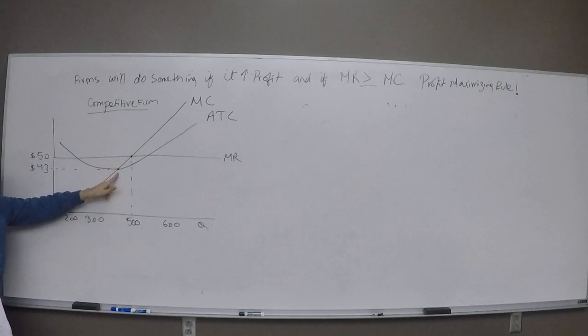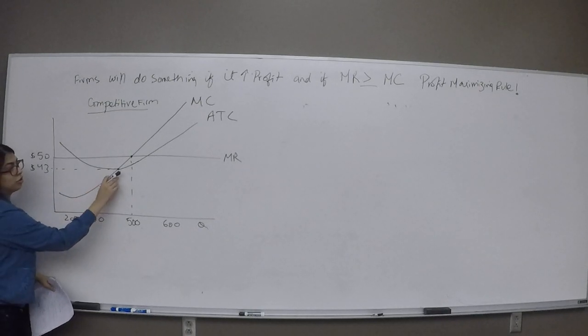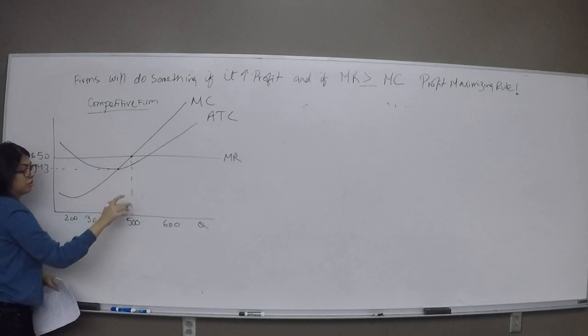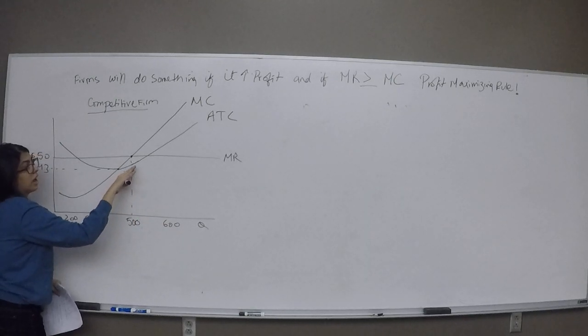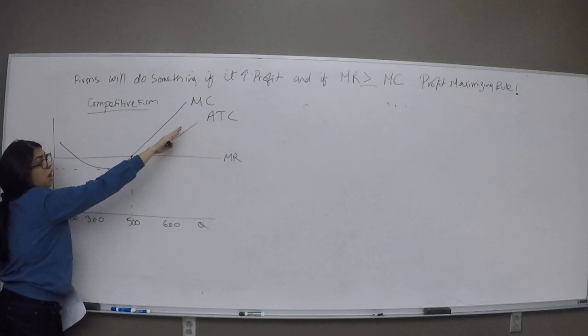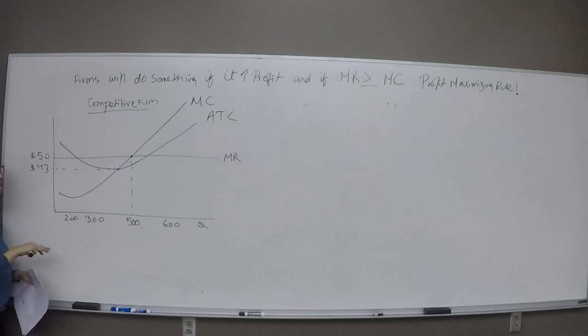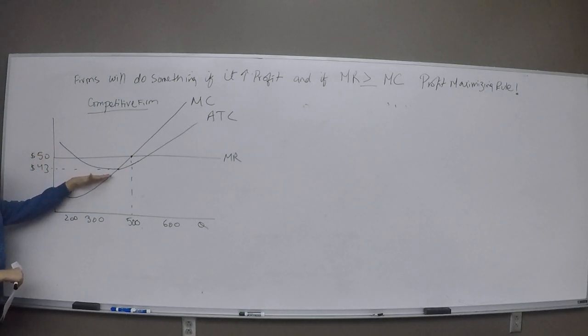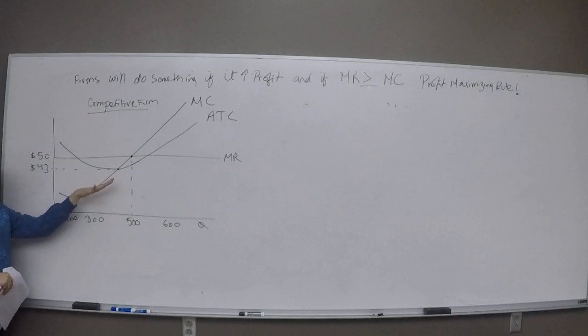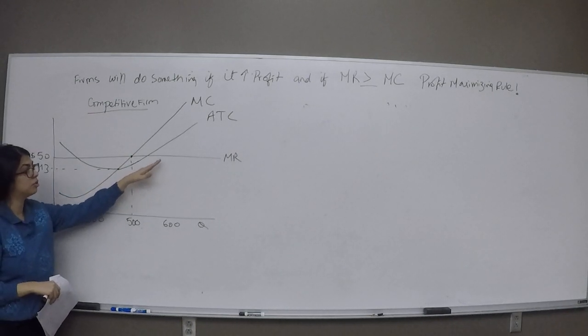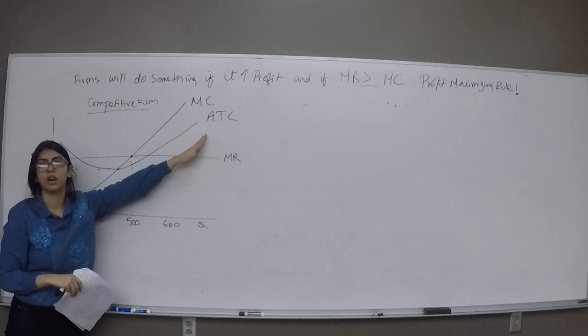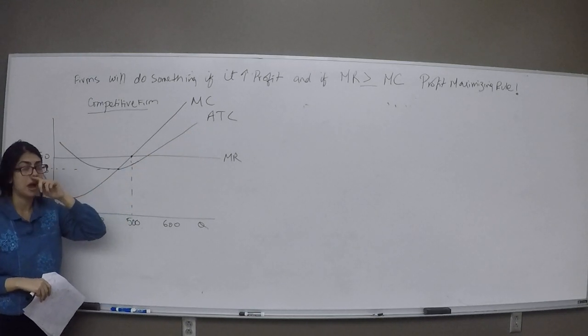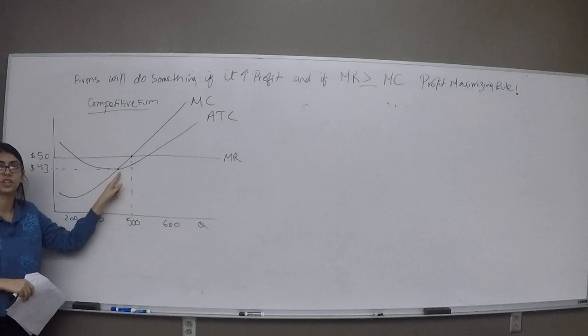Once the average total cost curve hits the marginal cost curve and you produce more, the average total cost curve goes back up. So it's a decreasing slope at first, but then as you produce more and more, average total cost starts to increase, after the intersection point.